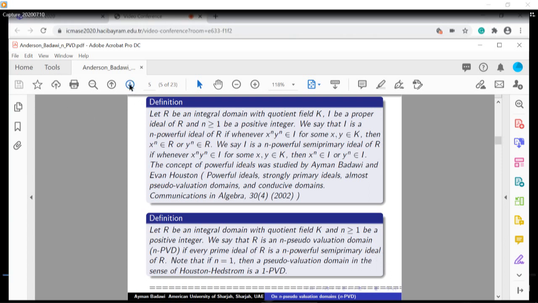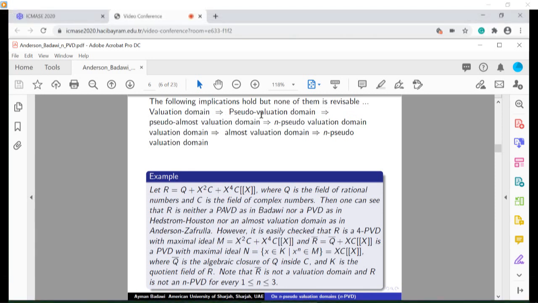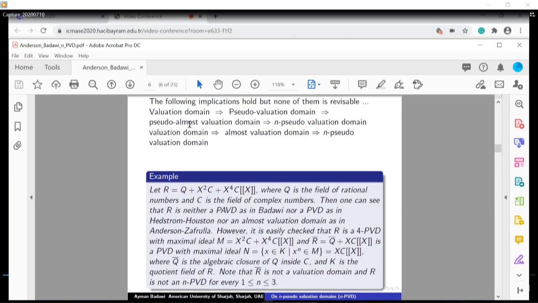Okay, so now we're going to give you some properties. We have this implication, and none of them is reversible. A valuation domain is always a pseudo valuation domain. A pseudo valuation domain is always pseudo almost. And now we have the new class that I'm talking about, n-pseudo valuation domain. And remember, none of these implications is reversible.